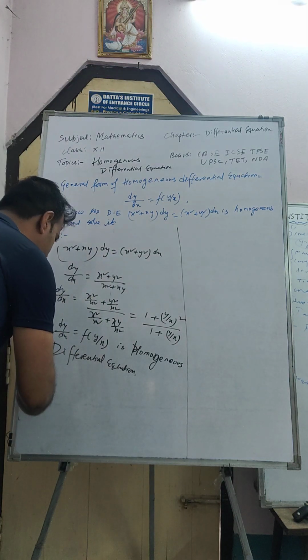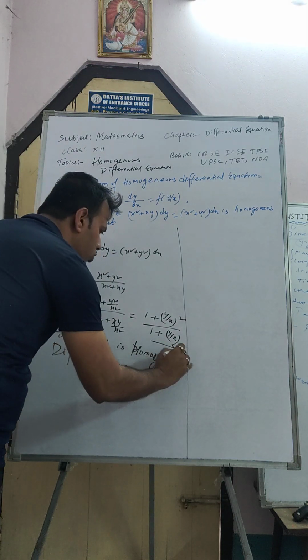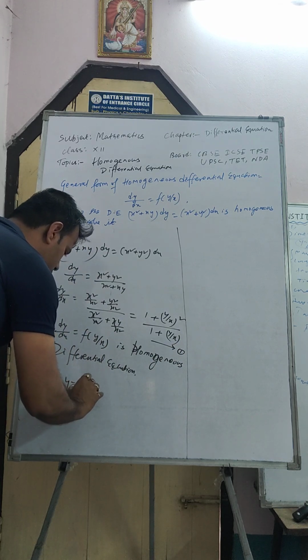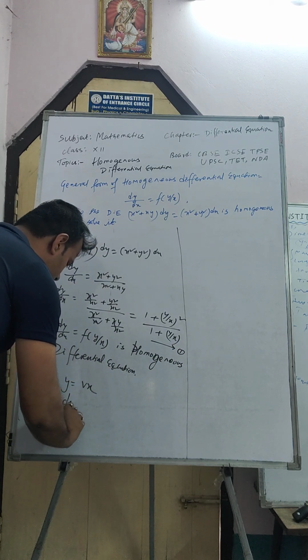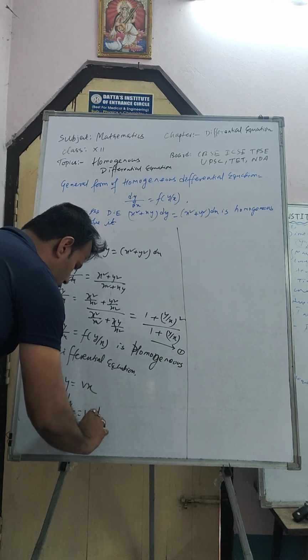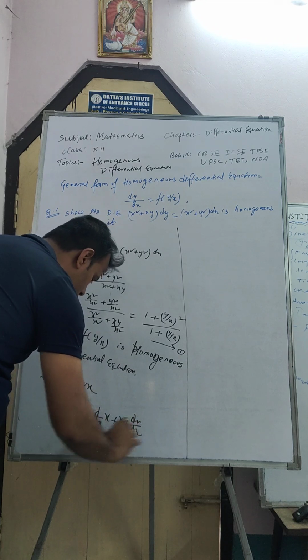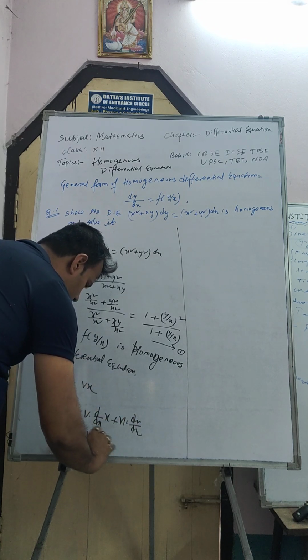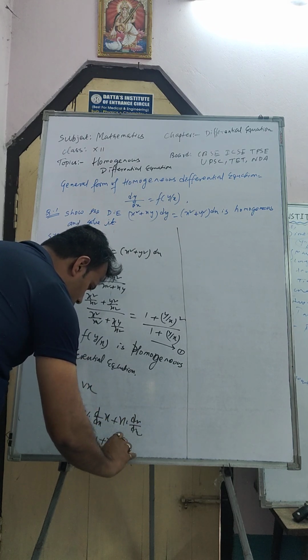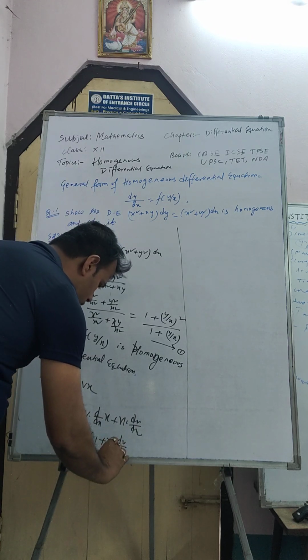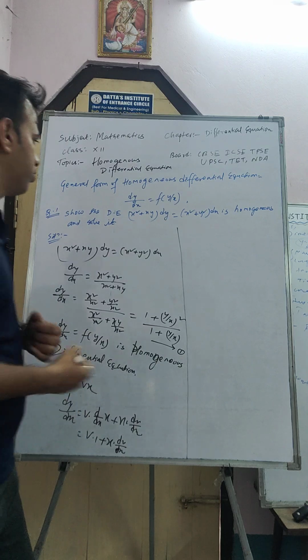Suppose this one is equation 1. Let us put y equal to vx. So dy by dx is v into d by dx of x plus x into dv by dx, so v into 1 plus x into dv by dx.